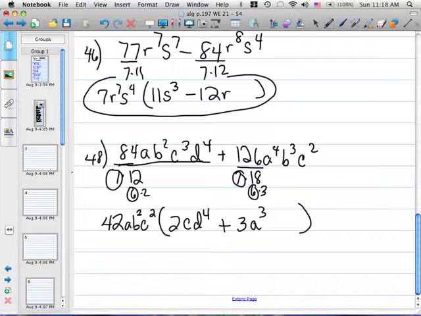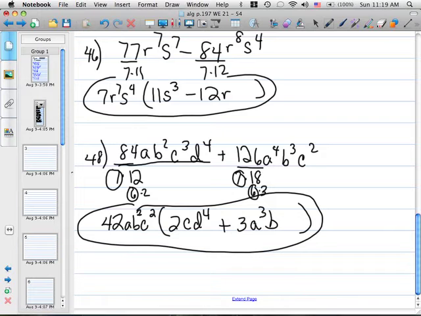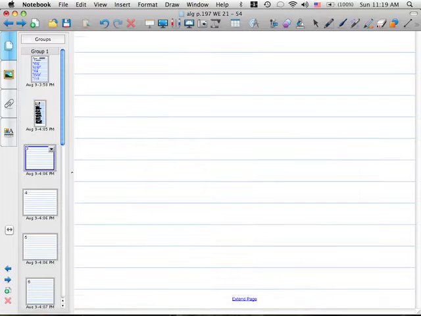Well, this is 7 times 12, and this is 7 times 18. So in the 12, we have 6 times 2, and here we have 6 times 3. So the 7 and the 6 are a common factor, which makes 42.